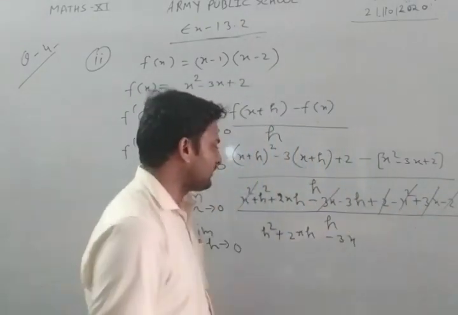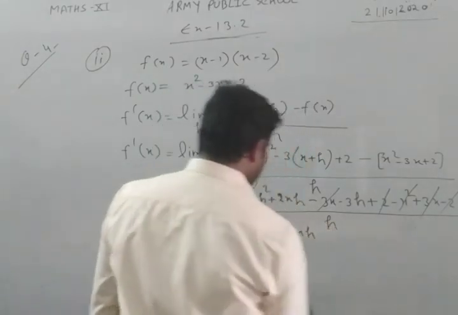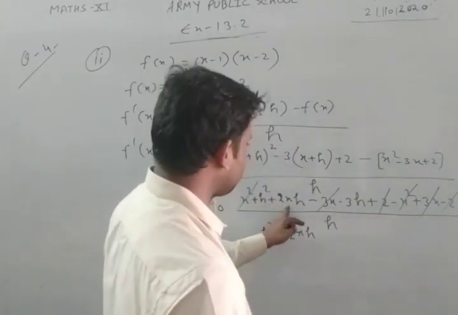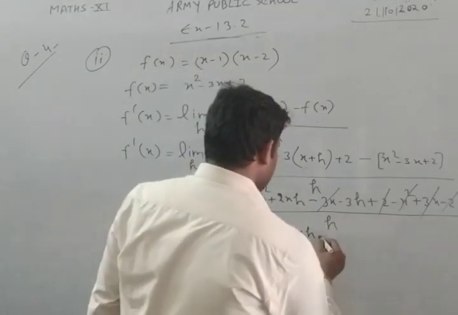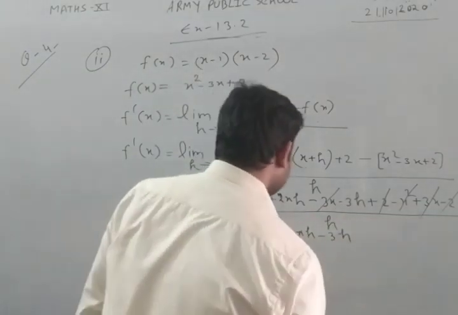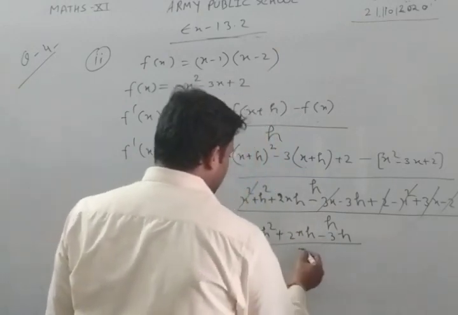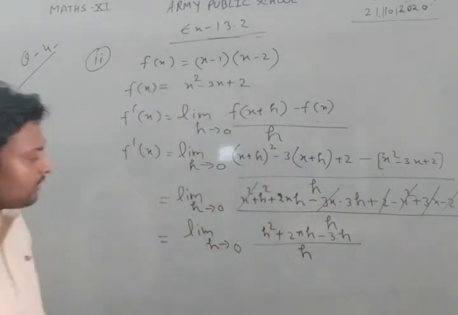This will be also cancelled. So we are getting just h square plus 2xh and minus 3h. So we write minus 3h and divided by h. Okay.